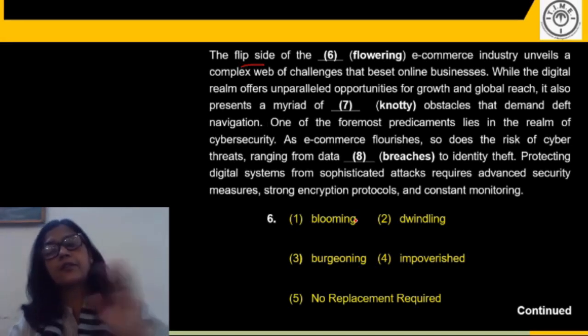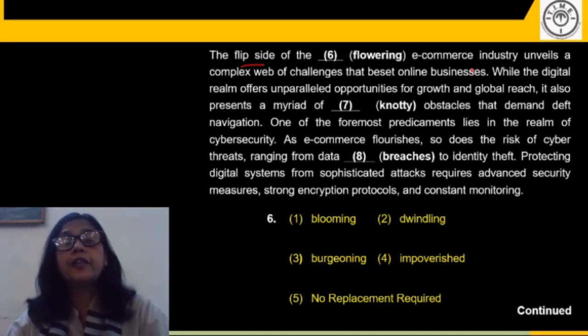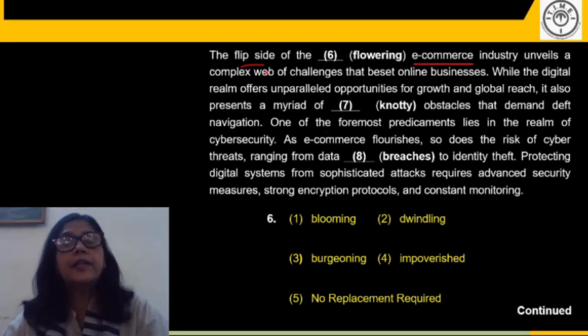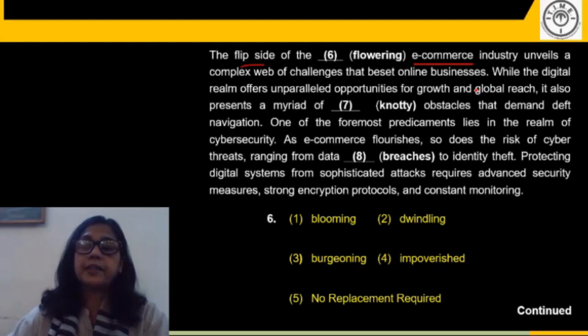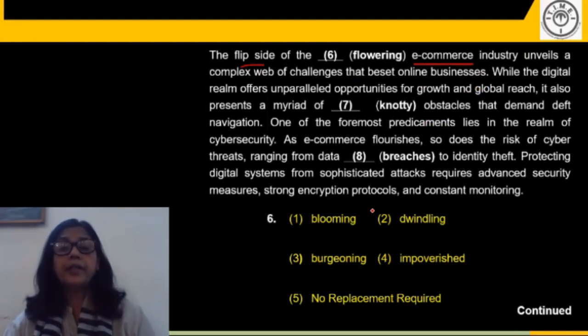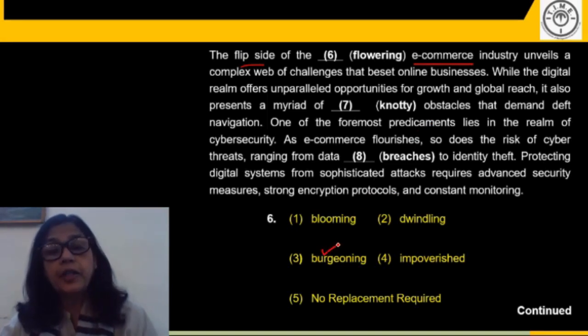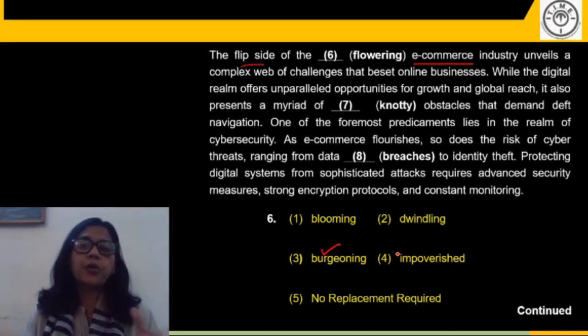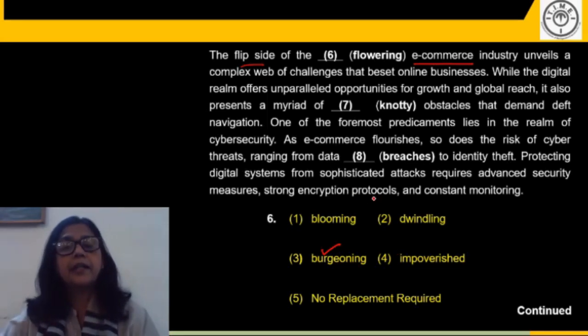All right, now let's start with the first one. The flip side of the dash e-commerce industry unveils. The e-commerce industry is not a very old industry, a pretty new one, right? Unveils a complex web of challenges that beset online businesses. Now, if you see the word here, burgeoning is the word that is used when you're talking about something that is growing, expanding, right?